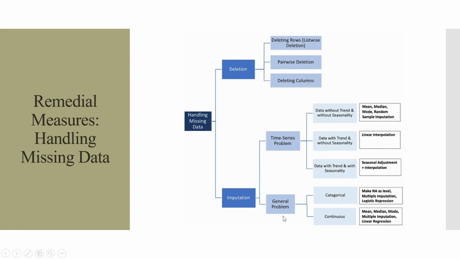In a general problem also, we will have to decide, is your variable categorical or continuous? If it is a categorical variable, we will use multiple imputation or logistic regression. If your data is continuous, like height, weight, this will be imputed with the help of mean, median, mode, multiple imputation, and linear regression. We will see how to do the imputation.